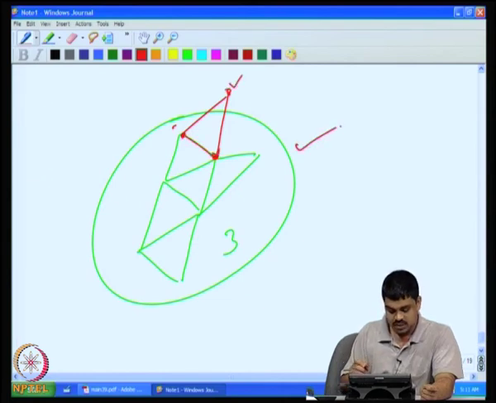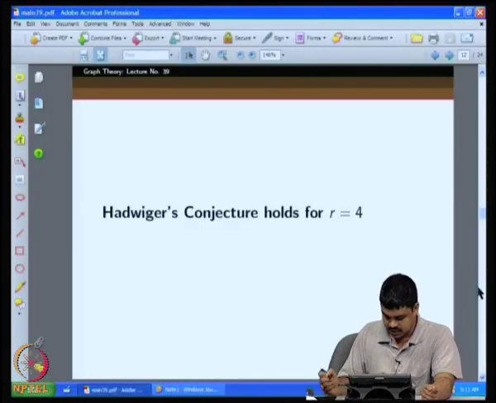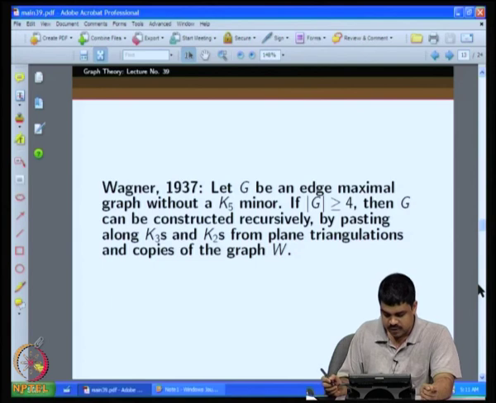So it's very easy to see that this edge maximal graph can always be colored using 3 colors. So the Hadwiger conjecture is true for the r equal to 4 case. That means when a K4 minor is not there, you can always color using 3 colors. Now the next case is when a K5 minor is not there.